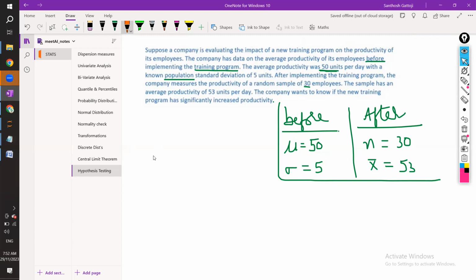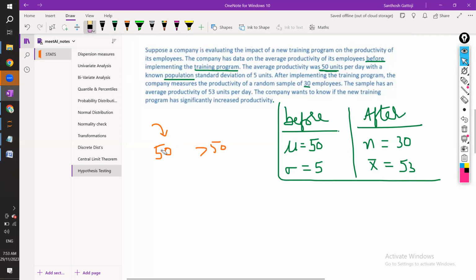Initially the average is 50. If I want to say the program has created some positive effect, what should this value become? Greater than 50. Perfect. It should be greater than 50.